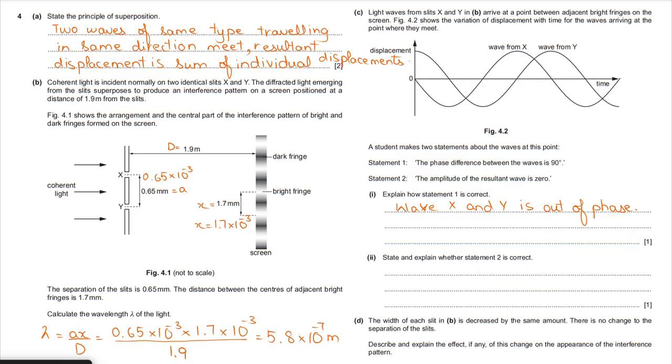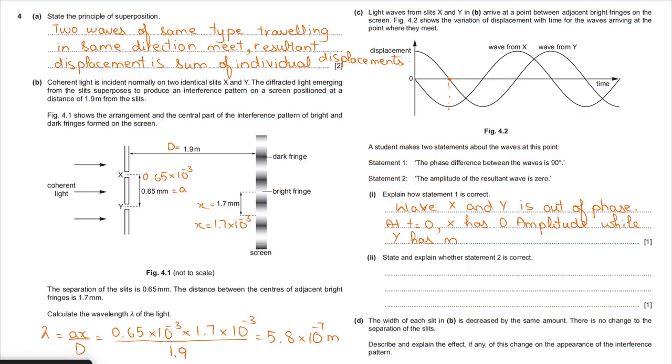And you can also say if we just look at time t equals 0, when the amplitude of wave X is 0, the amplitude of Y has a maximum displacement. Okay, so you can just write at t equals 0, X has 0 amplitude while Y has maximum amplitude, and that's the case at the other positions as well.